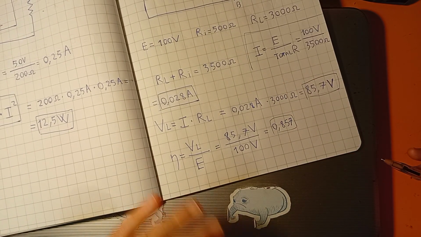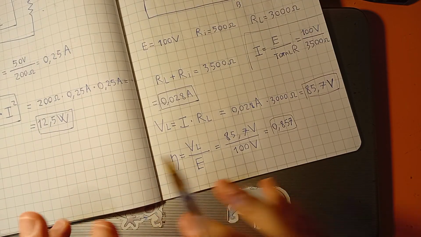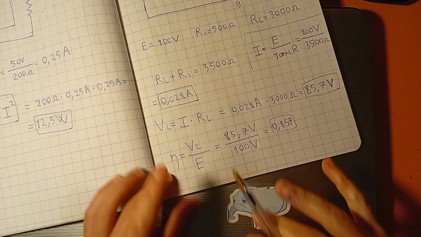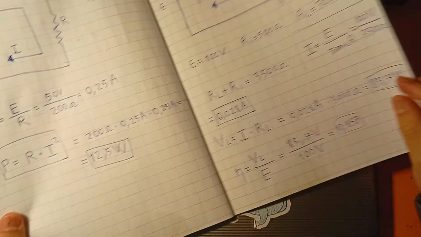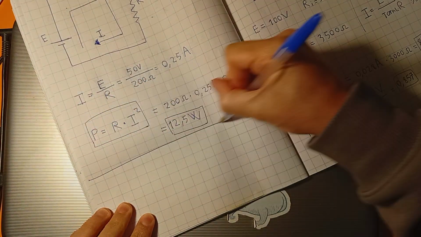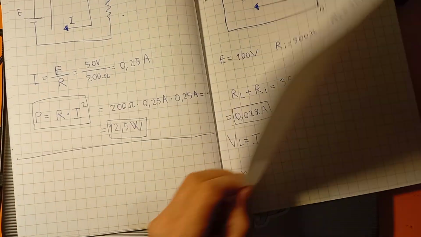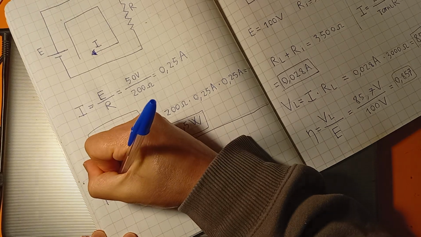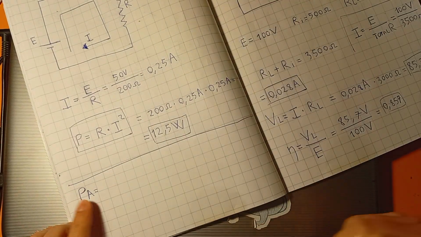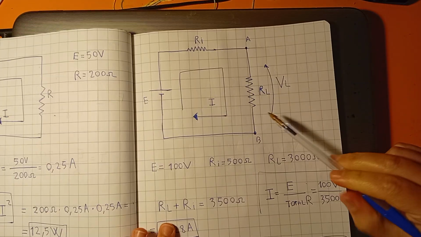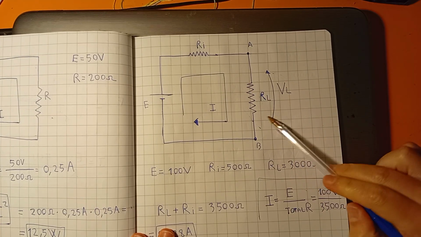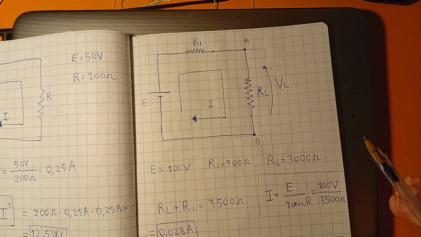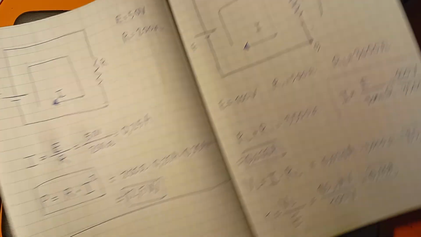But let's try the longer way now. Let's calculate the absorbed power and generated power, and then calculate the efficiency again. Maybe I could do this here, so I'll not waste another page. The absorbed power is equal to the voltage drop here multiplied by current.